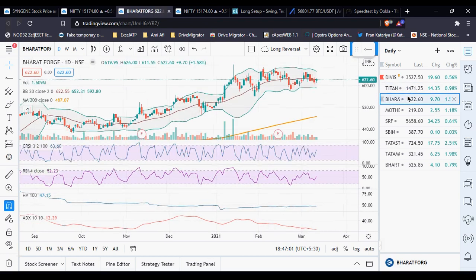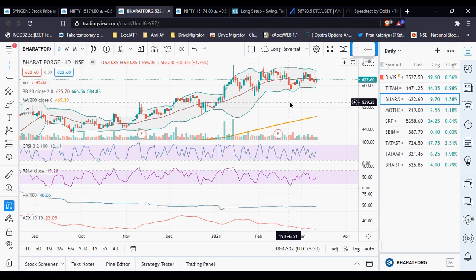Next on the list is Bharti Airtel. I got the signal on 22nd February. Is it touching the lower Bollinger Band? The lower Bollinger Band value is 623.36 and the low of the candle is 583, so it has pierced the lower band. Sorry, am I on the right track?